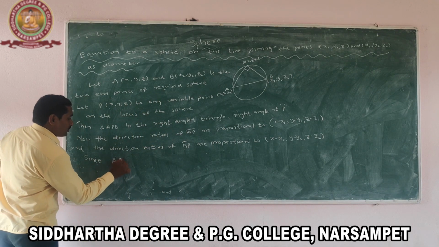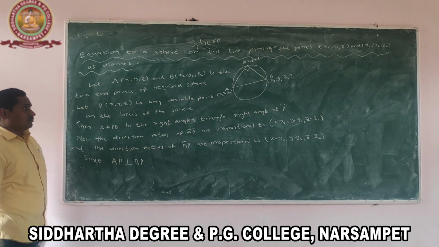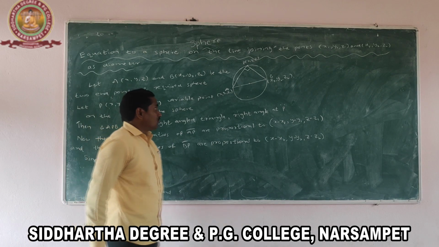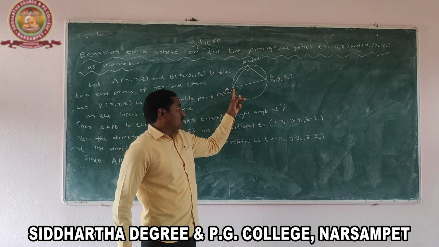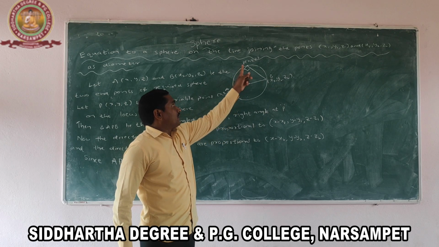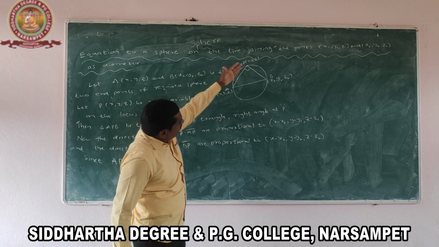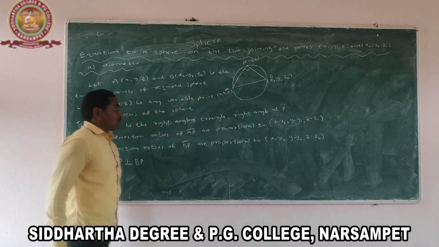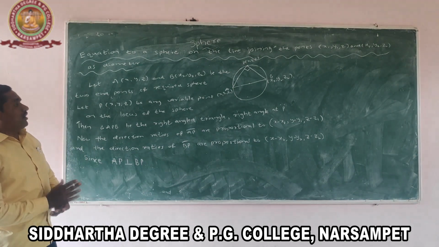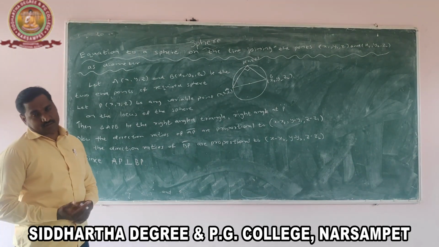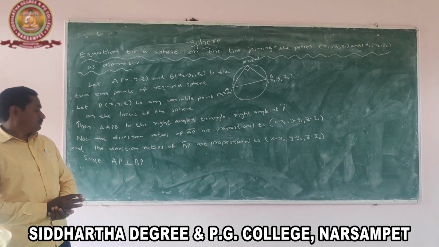Since APB is a right angled triangle, right angled at P, it means AP and PB are perpendicular to each other, right angle to each other.